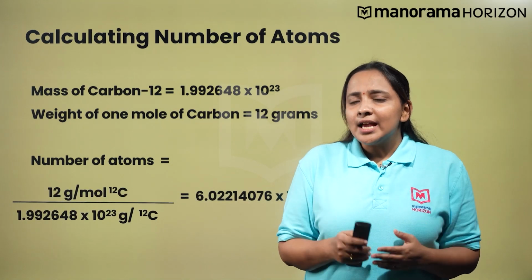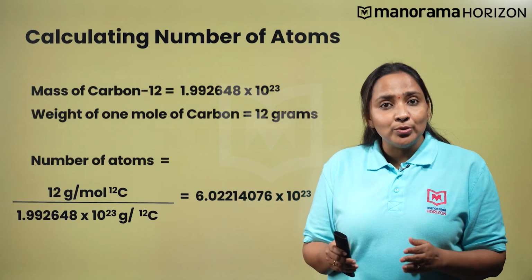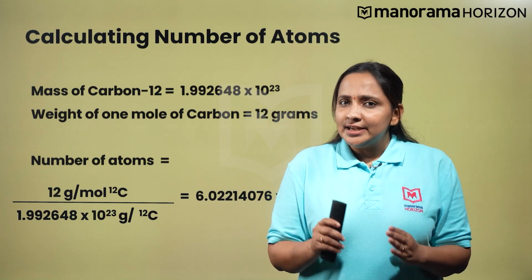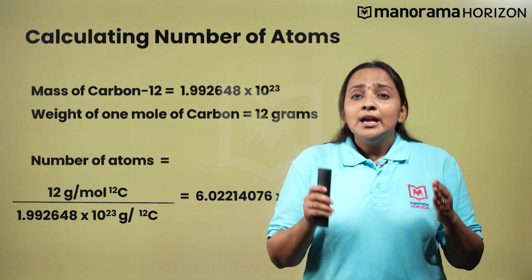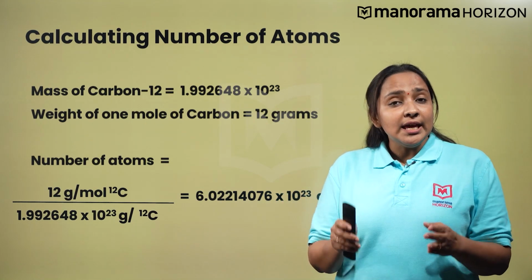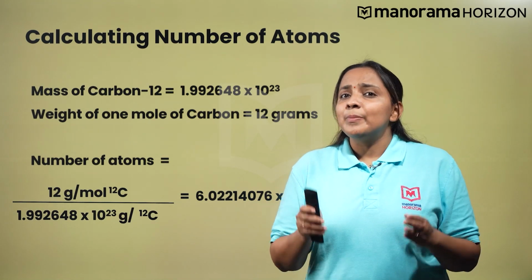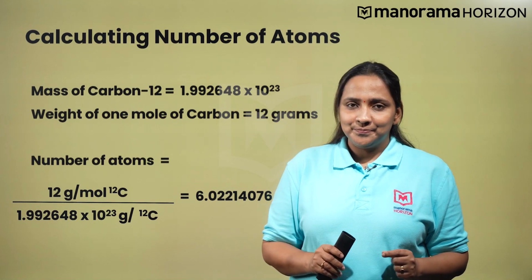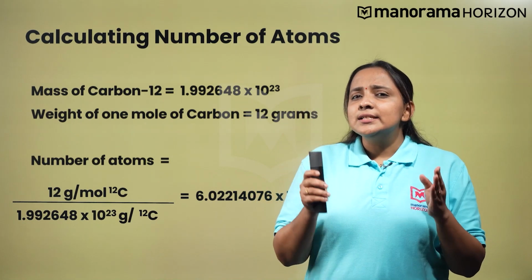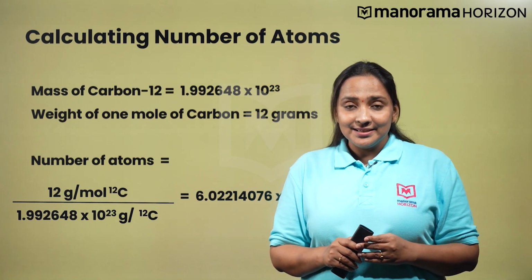Then we can calculate the number of atoms that comprise 1 mole of carbon-12: the number is equal to 12 gram per mole divided by 1.99 × 10^-23 grams, which is equal to 6.022 × 10^23 atoms per mole. You can see that this is exactly the same number that we studied in the previous slide, right?